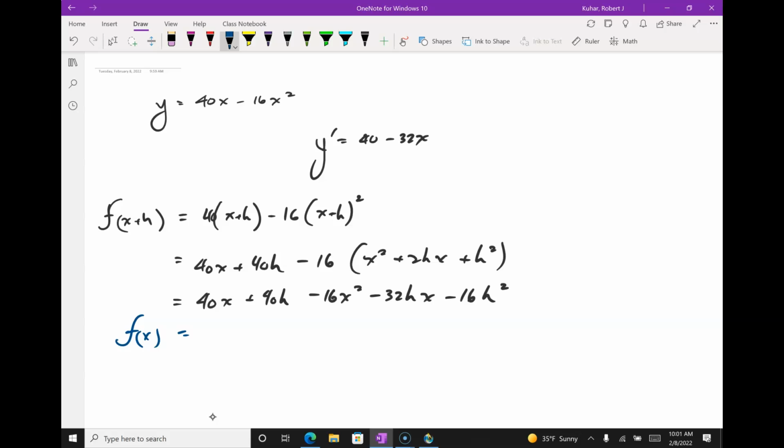Now, f of x, I write with the idea that things are going to cancel, right? I got a 40x I'm lining up here, and negative 16x squared here, because I'm going to subtract them, and those pieces are going to go away.